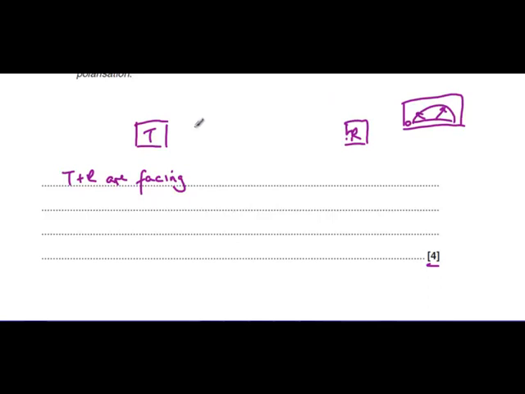So the second thing I'm going to do is use a filter in between, and the filter looks like a metal grid.